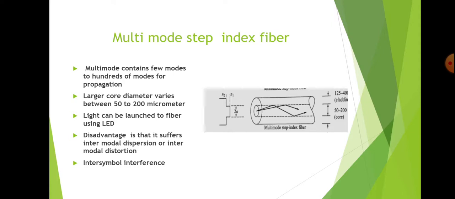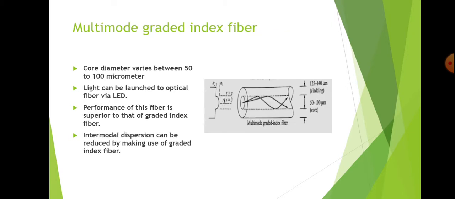So these two are the major disadvantages of the multimode step index fiber, and this defect can be reduced by implementing a graded index profile in a multimode fiber. That means instead of using a step index profile, we are using a graded index profile. So next is multimode graded index fiber.